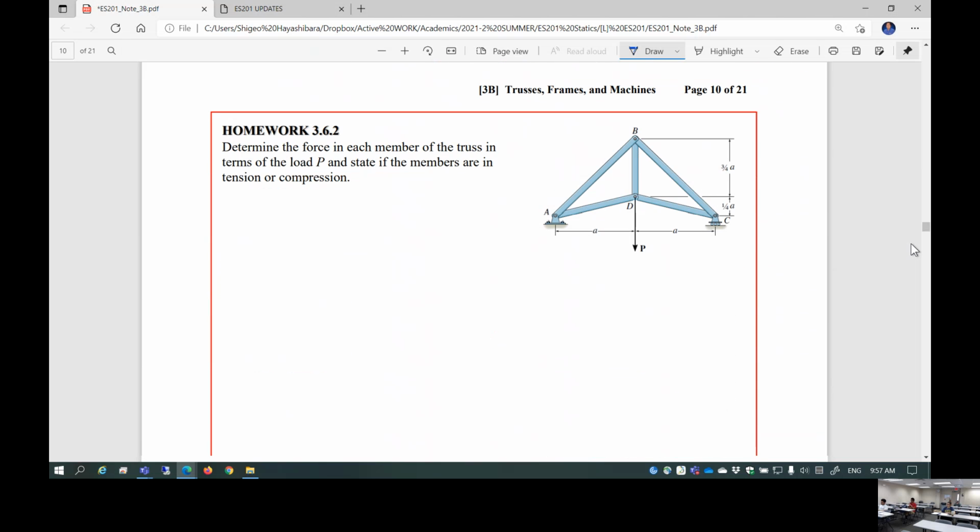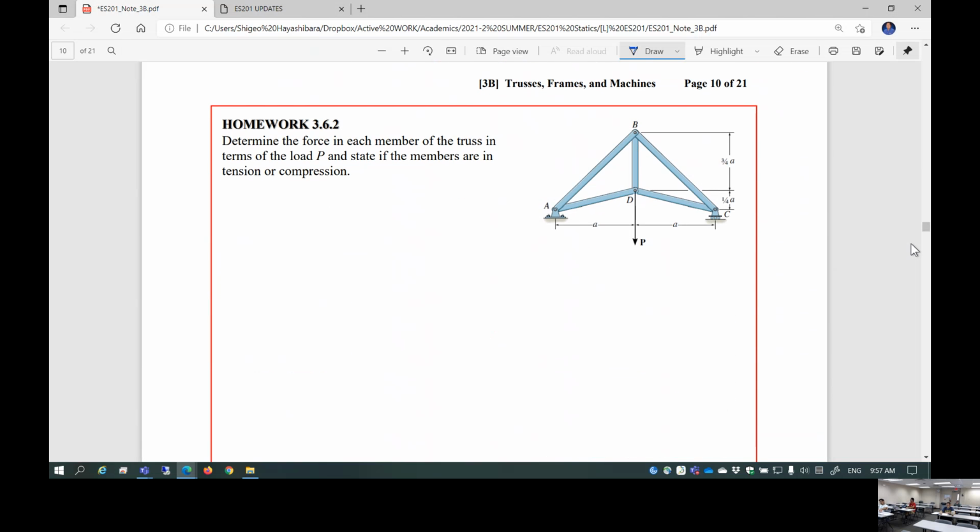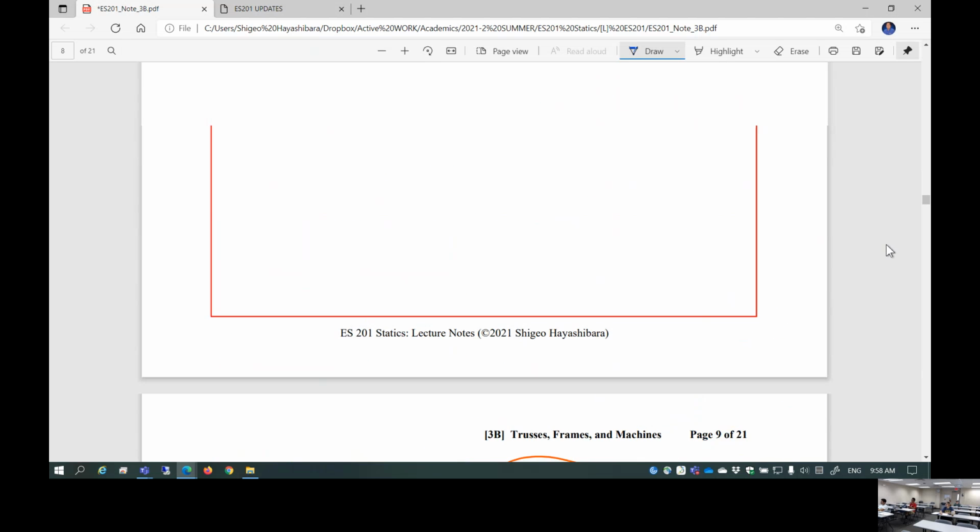So next page. Ooh, homework. This homework is actually, oh my goodness, this is symmetric, isn't it? Determine the force in each member of the truss in terms of the load P. Didn't we do this? It looks like deja vu.